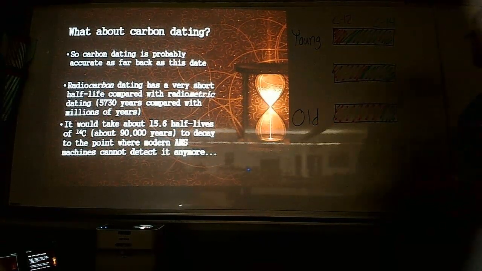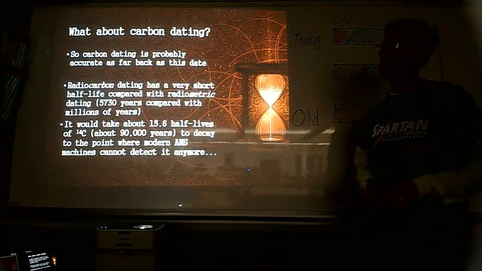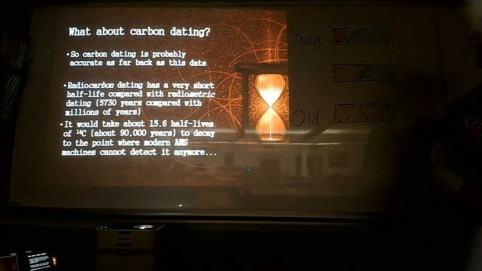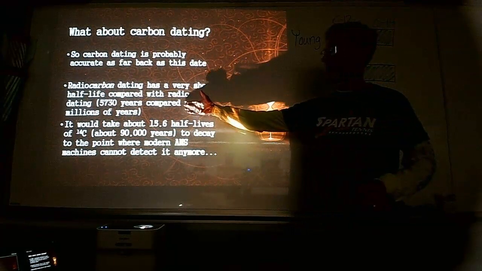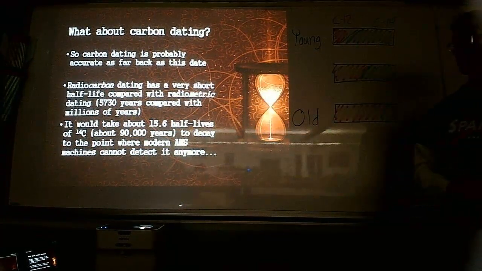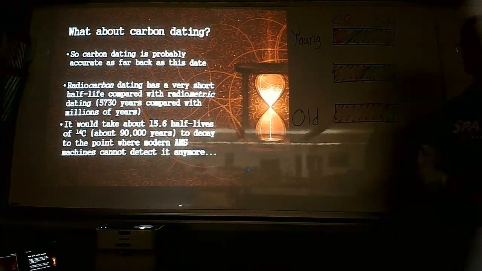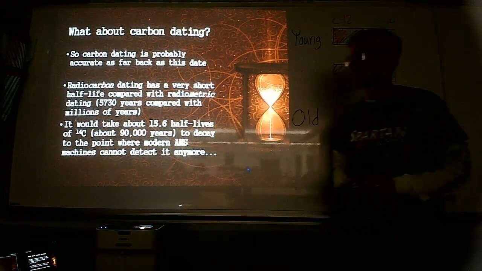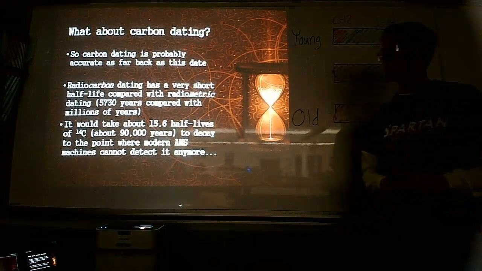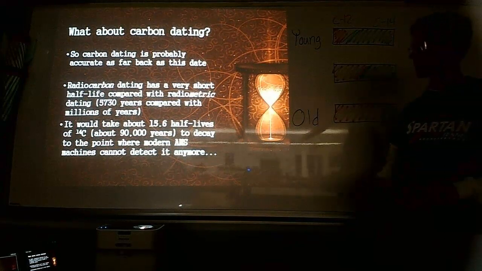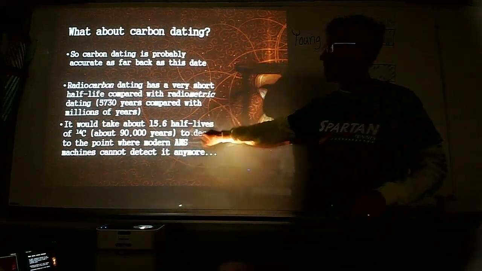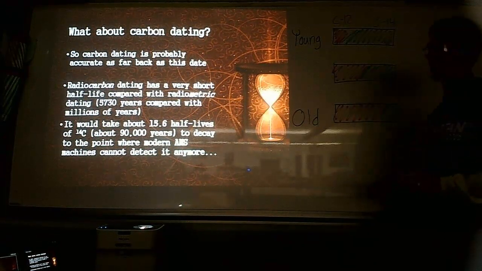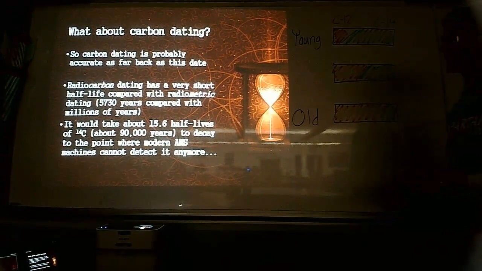Radiocarbon dating has a very short half-life compared with radiometric dating. Obviously, I've already talked about the half-life of carbon-14 there. It would take about 15.6 half-lives of carbon-14, which would come to about 90,000 years, to decay to the point where modern AMS machines can't detect it anymore.